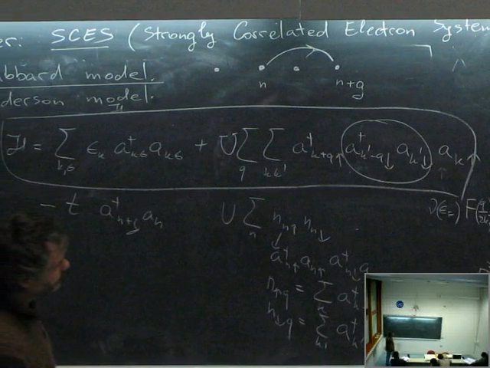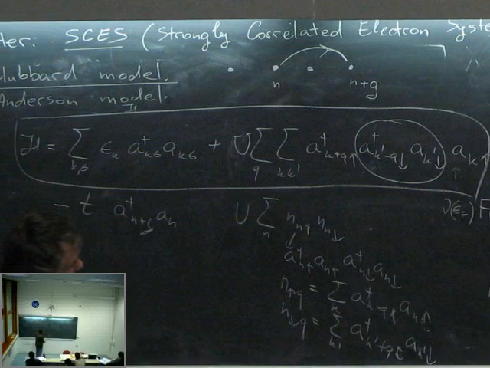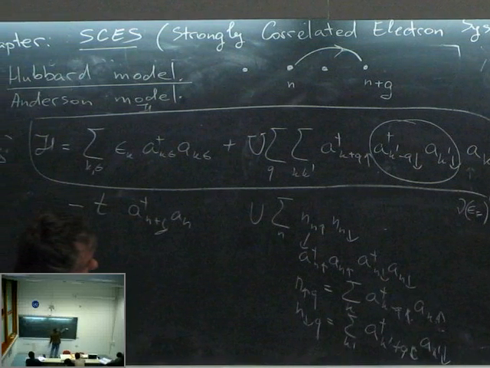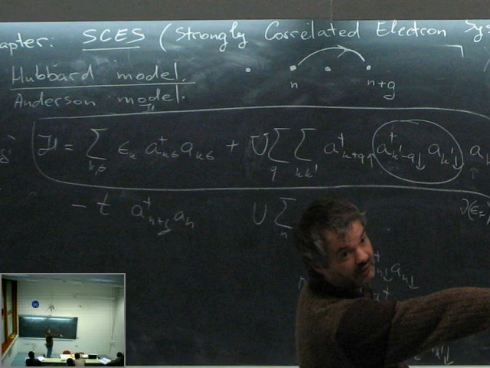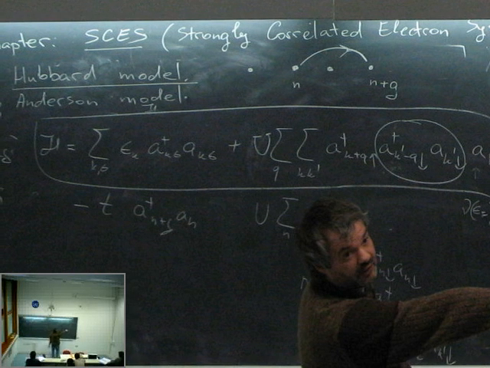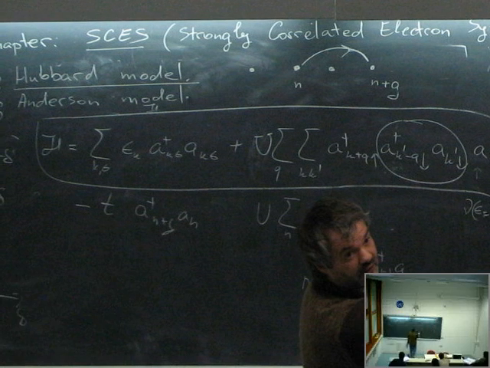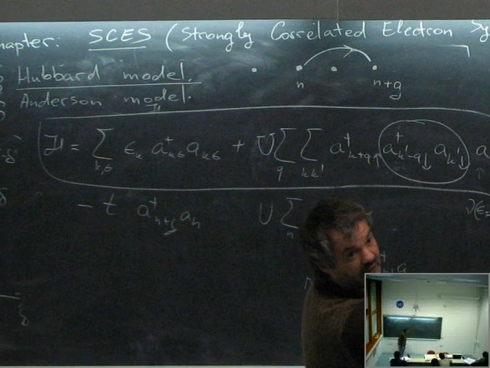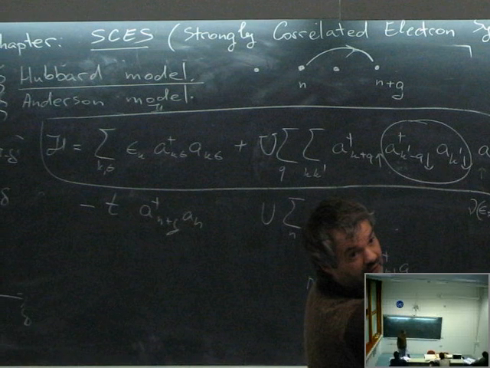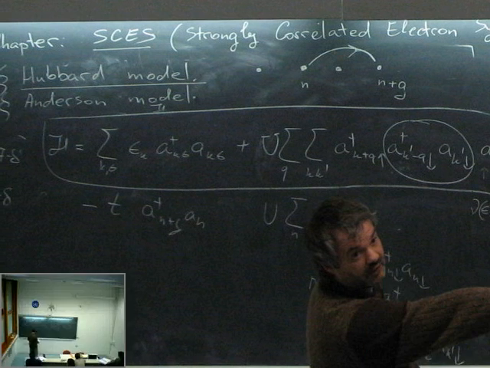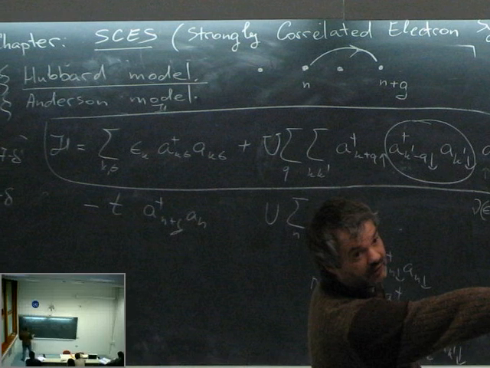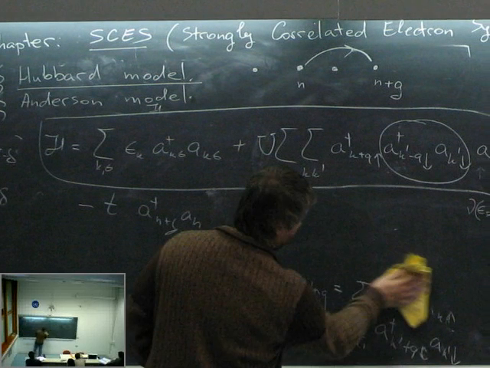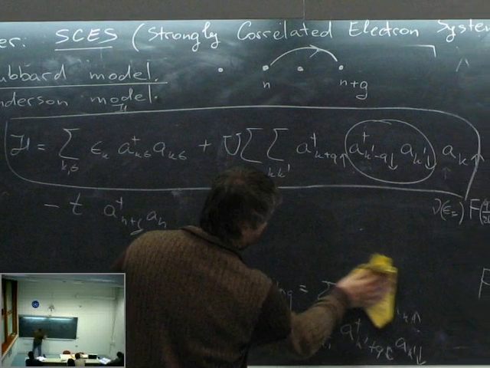What one can see is that this susceptibility becomes unstable. This susceptibility diverges when U times the density of states is equal to 1. And this is also the magnetic instability in itinerant strongly correlated systems.